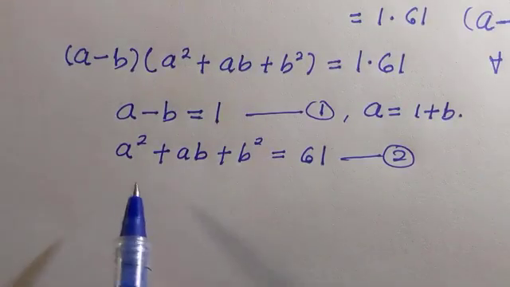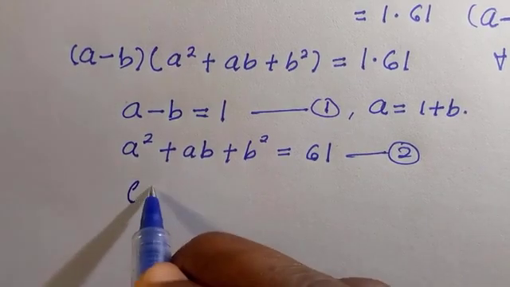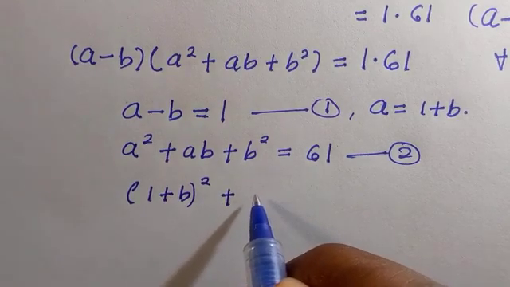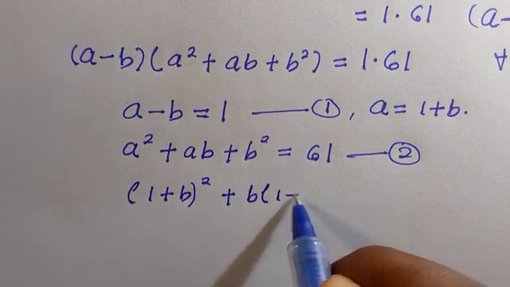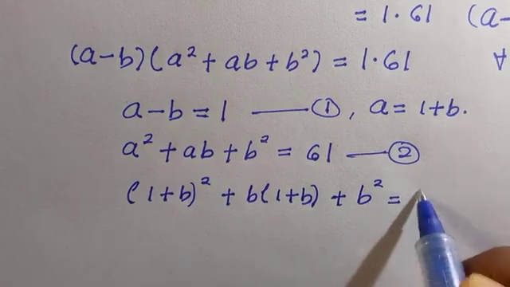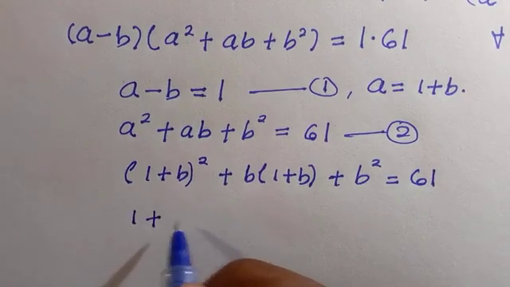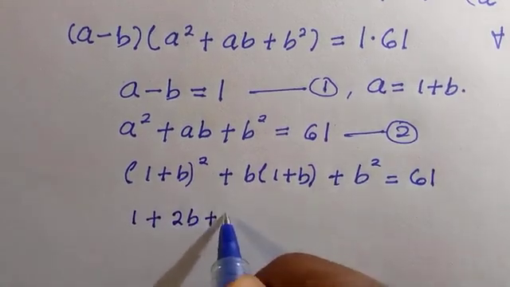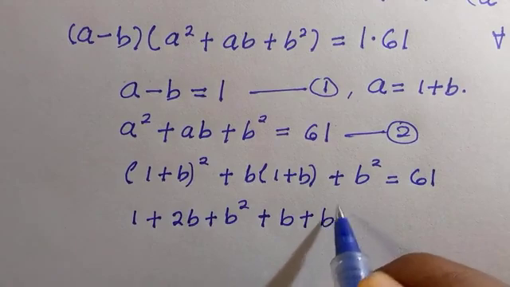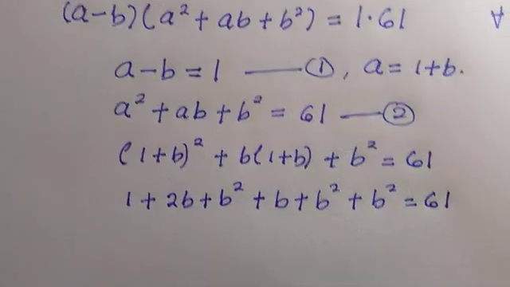We are going to substitute equation 3 into equation 2: anywhere we see a, we replace it with 1 plus b, all raised to power 2, plus b times (1 plus b), plus b raised to power 2, equals 61. If we expand this, it is 1 plus 2b plus b square plus b plus b square plus b square equals 61.